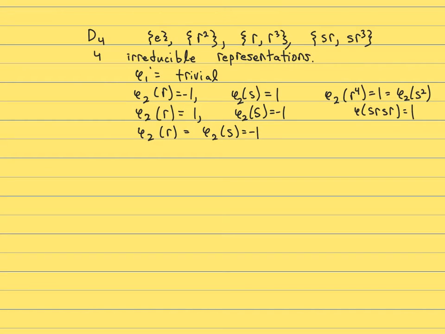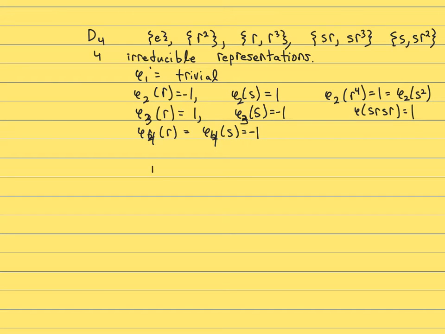Oh, and these should be 3's, right? This should be 3. This should be 4. These are distinct representations. So there's 4 representations. But I'm missing a conjugacy class. Oh yes, S and SR squared. So there are 5 conjugacy classes, so there should be 5 representations.